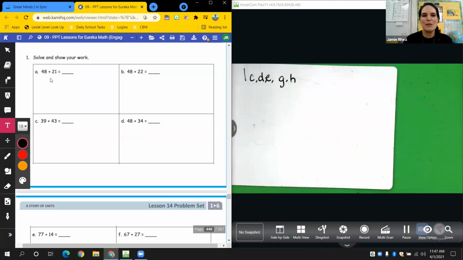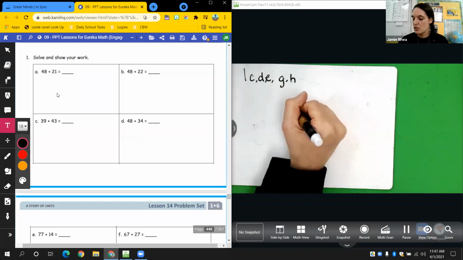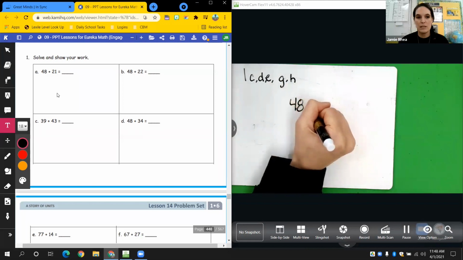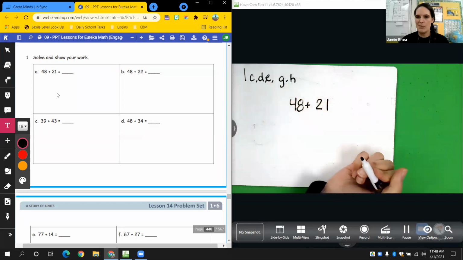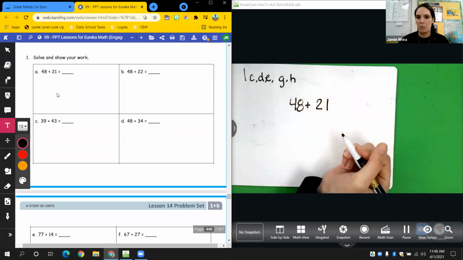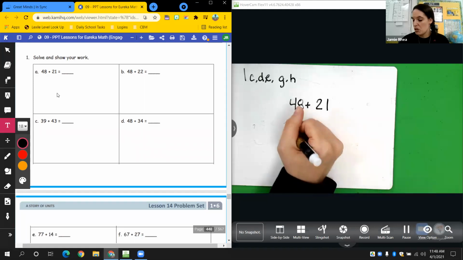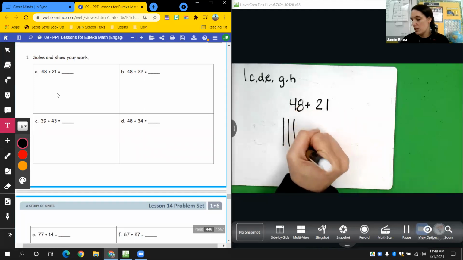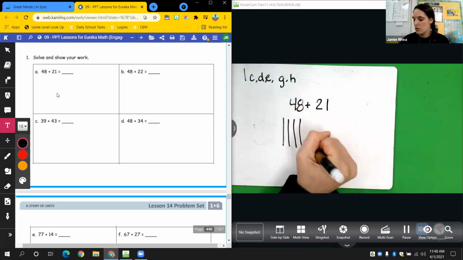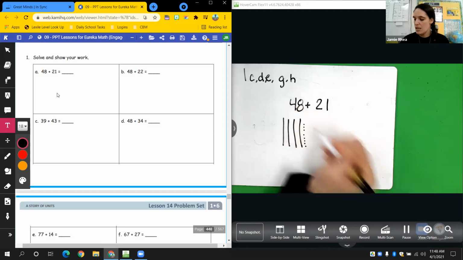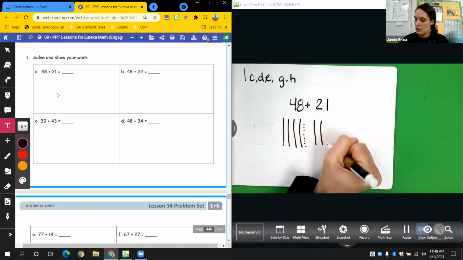Okay, so let's look at A and B. 48 plus 21. Solve any strategy you know how, okay? Any one of them. So if I do 48 plus 21, I might decide that I want to draw it out. Let's draw it out. 1, 2, 3, 4 tens. 1, 2, 3, 4, 5, 6, 7, 8. 2 tens. 1.